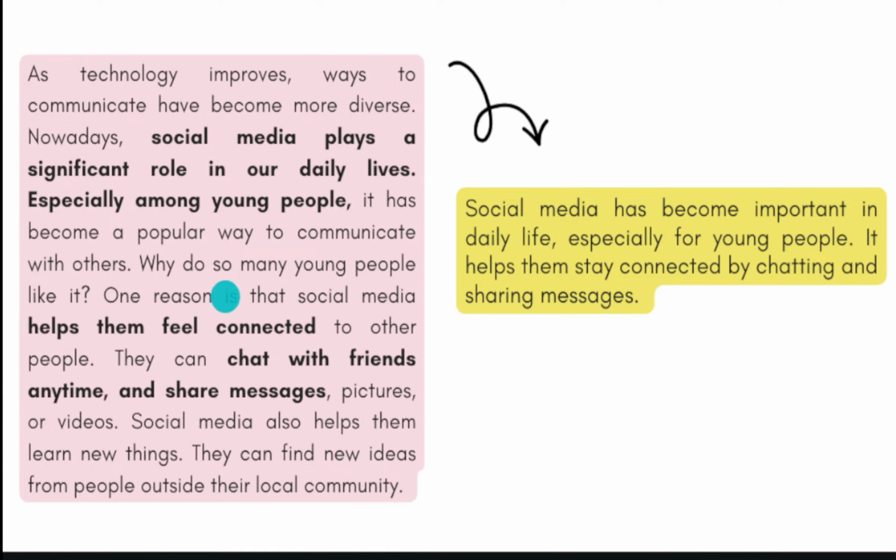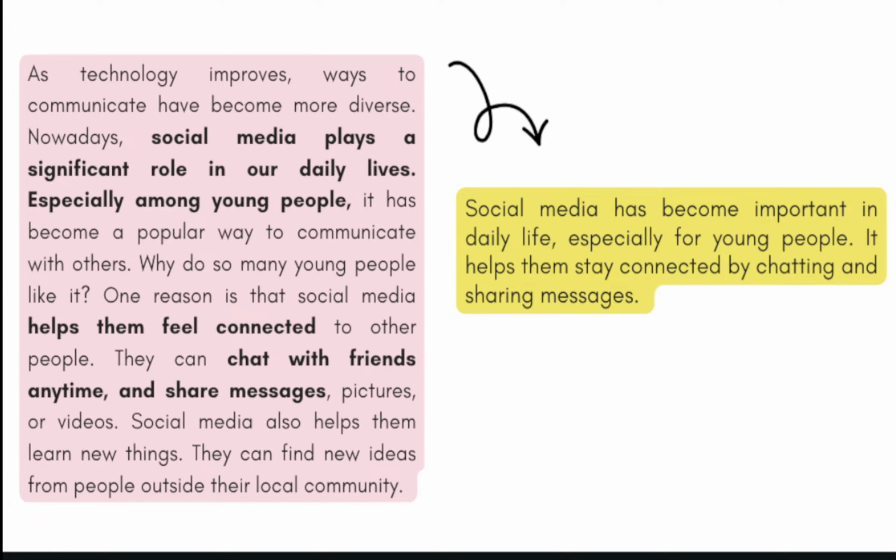In the original passage, social media plays a significant role in our lives, especially among young people. So I just wrote that social media has become important. Significant and important are synonyms, they're similar. So has become important in daily life, and I connected with especially for young people, not among young people, but especially for young people. All right.